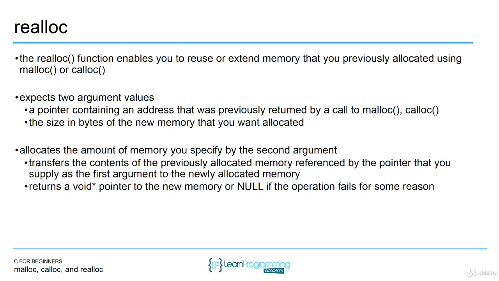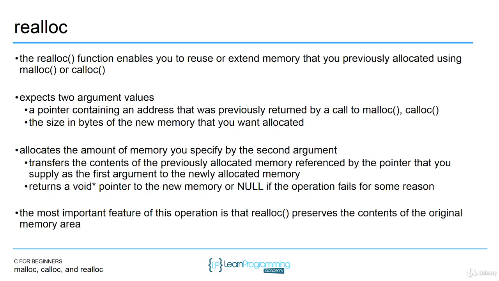It transfers the contents of the previously allocated memory, referenced by the pointer, so it automatically knows how much memory you had previously allocated because you pass in the pointer. And then it will actually add to that the newly allocated memory. And it returns a void pointer to the new memory. So you have to recast it when you call realloc, just like the other ones. It returns null if you weren't able to realloc, which again is probably a fatal error and you should abort.